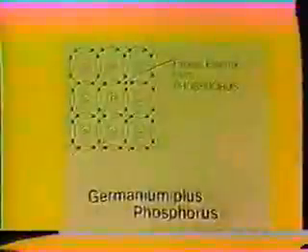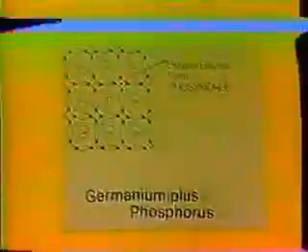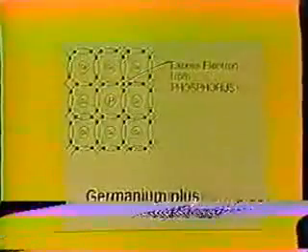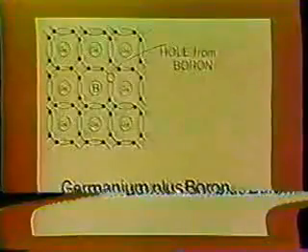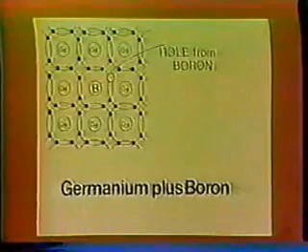This free electron can move around through the semiconductor material and allow it to conduct.